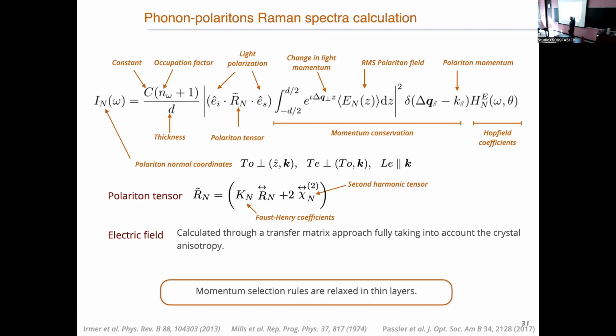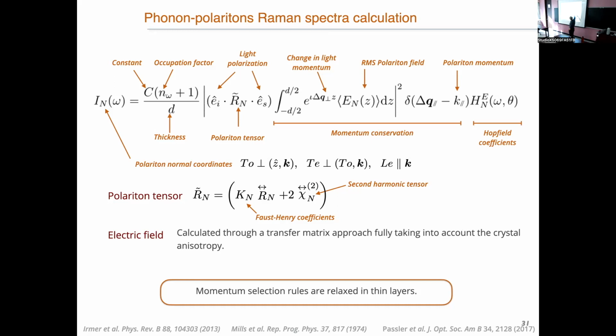Now there's an integral right here. I'll come back to this integral a little bit later. What we'll see is that this term represents momentum conservation. In plane, momentum is perfectly conserved, with a Dirac delta. But because in the vertical dimension we have a thin layer, the integral here will be different than zero.